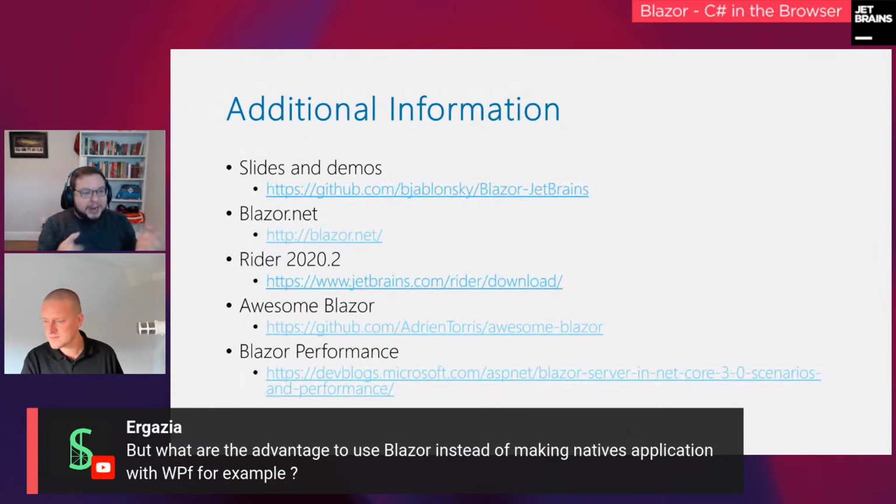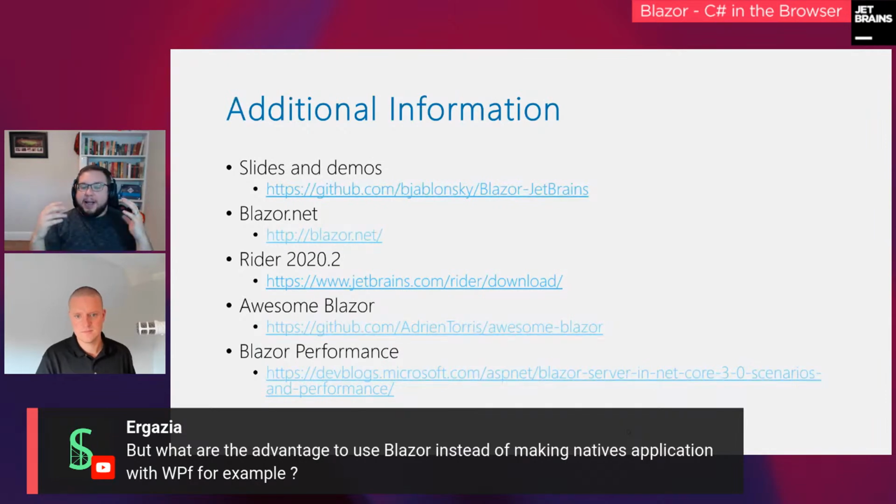You can take this and bundle it into an Electron app if you want to and release an Electron app, but you can't necessarily compile it into a native app like WPF that you can install. The cool thing about Blazor is that technically you can write a rendering engine underneath that can render out to WPF if you want to.